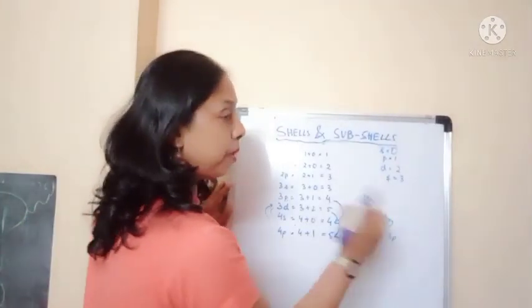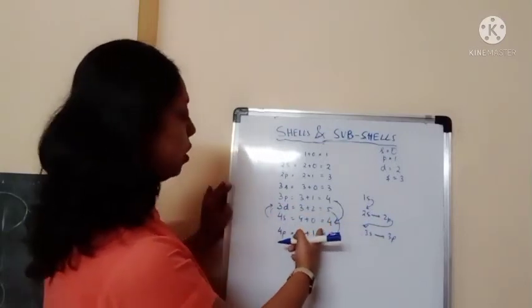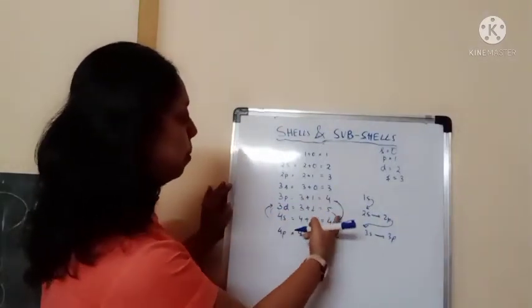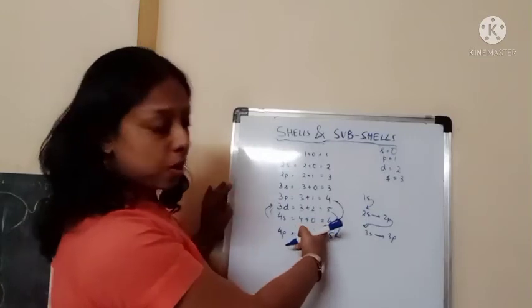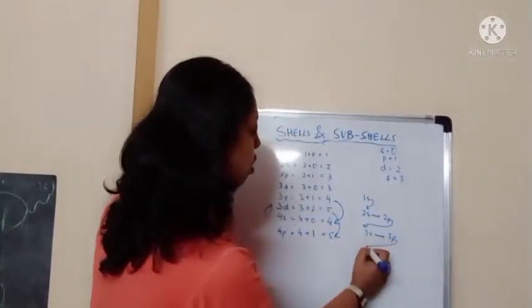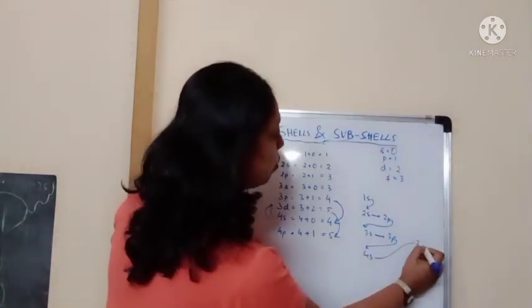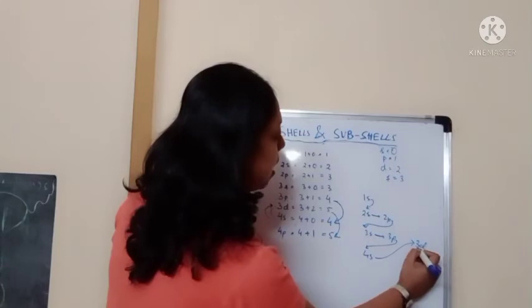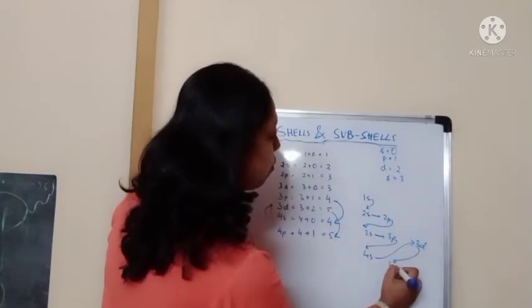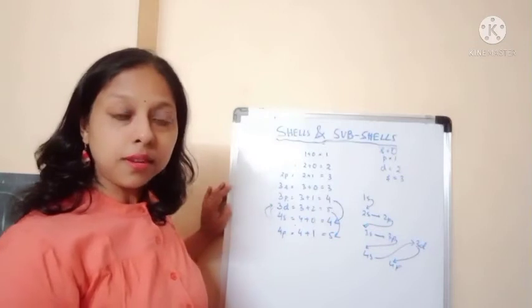So after 3p, 3d will not be filled. As we have seen here, after 3p, it will fill the 4s orbital. So from here, it will go to the 4s orbital, and then from 4s it will go to the 3d orbitals, then 3d it will come to the 4p orbitals. So this way the electrons are being filled.